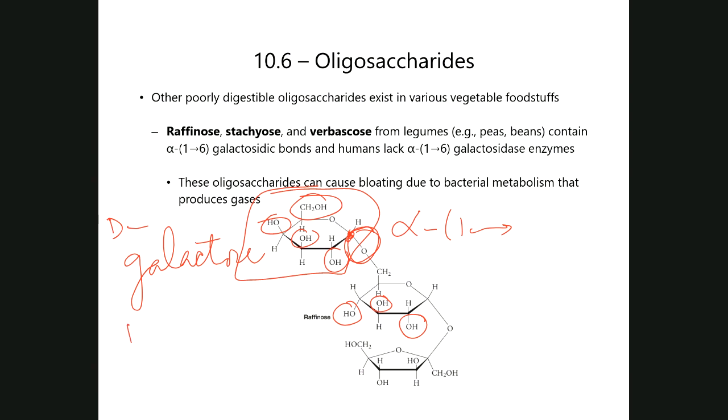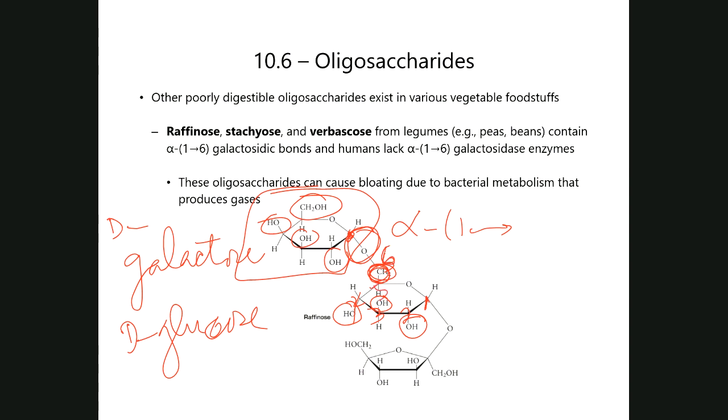So this is D-glucose. Which carbon is this? This is number 1, this is 2, this is 3, this is 4, this is 5 down here, and this one is 6.